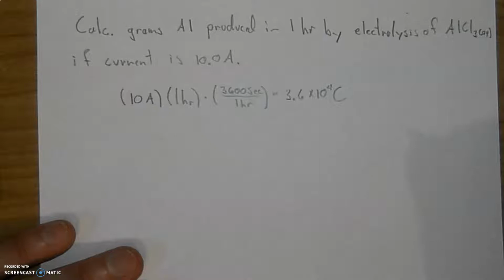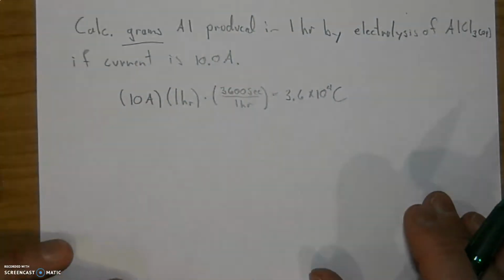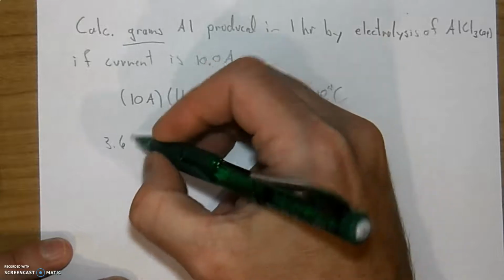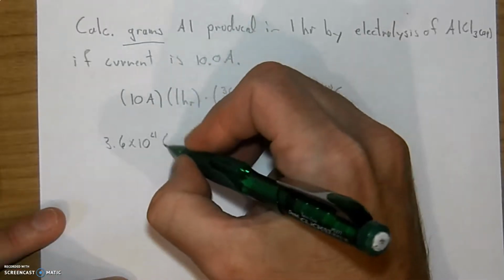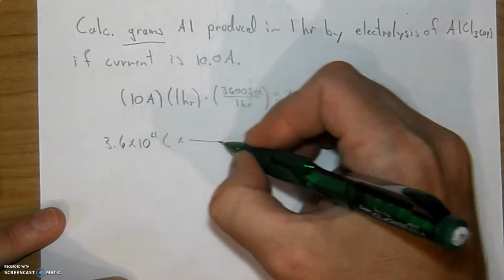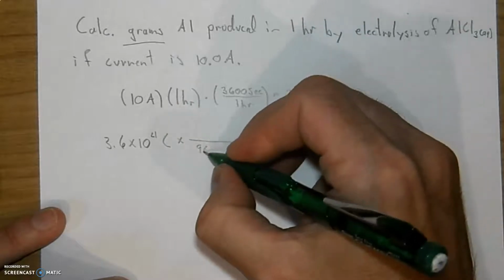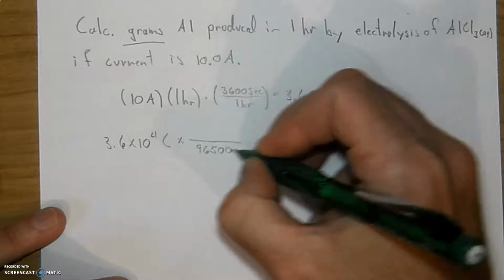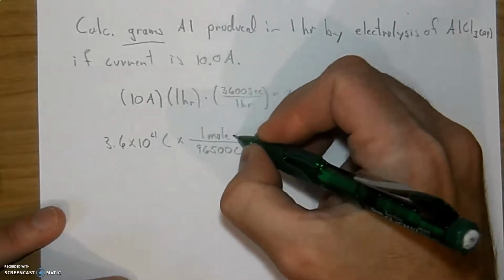All right. Now that I have coulombs, I can take a next step because ultimately I need to get to grams. So I can do this with Faraday's constant. I have the coulombs, and I know there's a relationship between coulombs and electrons. 96,500 coulombs for every 1 mole of electrons.